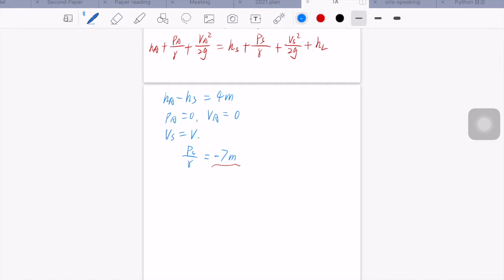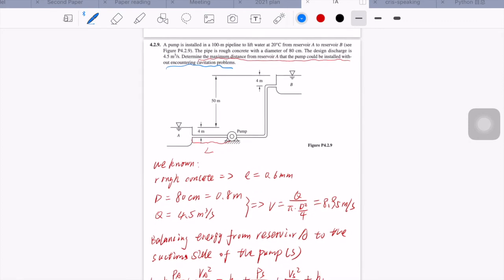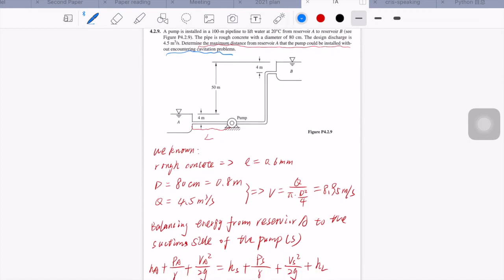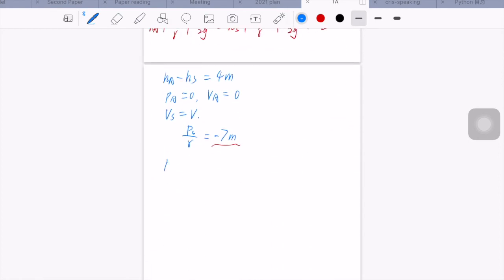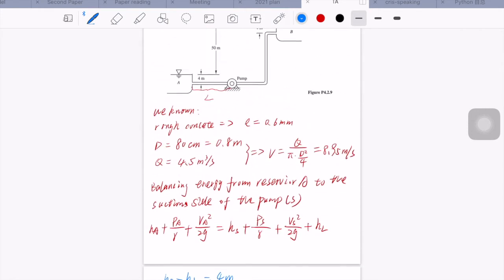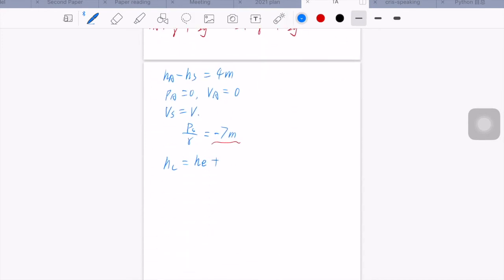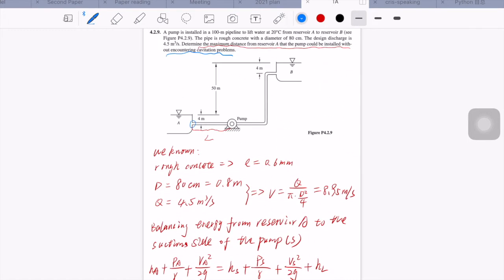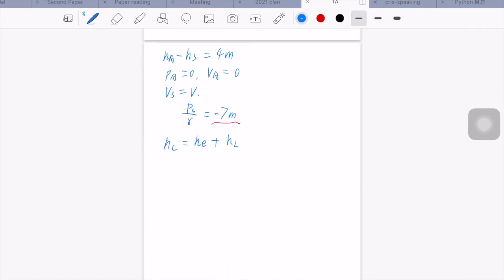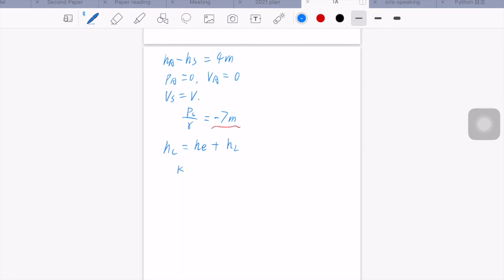And from the figure, we know the head loss equals the entry loss and the friction loss. Since we know this is a square-edged entry, the coefficient of entry KE equals 0.5.